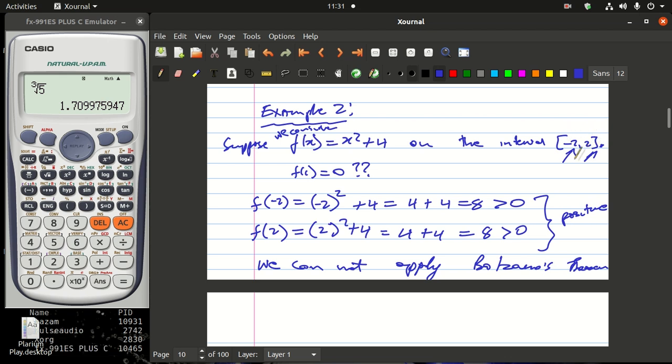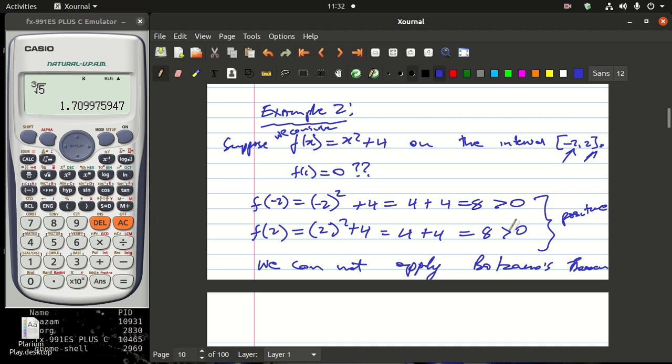No, we cannot say that. All we can say is that we cannot apply Bolzano's theorem. We only apply Bolzano's theorem if one of the outputs at the endpoints is negative and the other is positive. It does not mean that there is no root inside. We just cannot apply Bolzano's theorem.